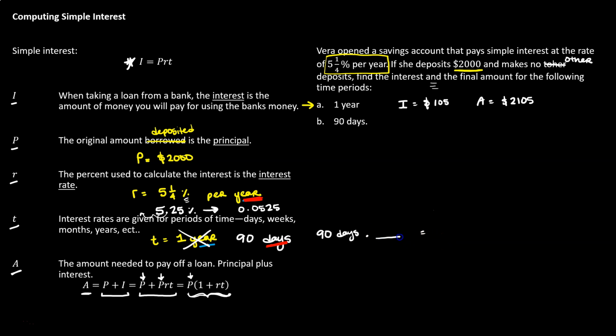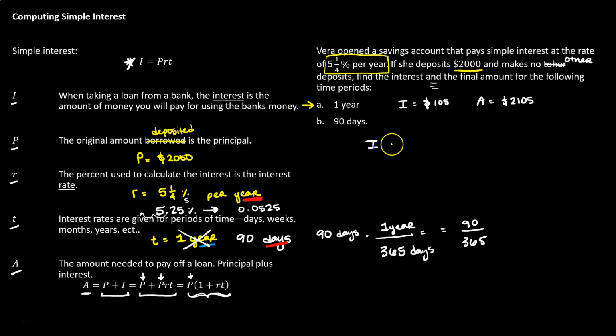If we're looking at days, we know 1 year has 365 days, so we're looking at the fraction 90 over 365. We can simplify that fraction if we want, but it's not super important. It's best to leave it as a fraction, though. Don't turn it into a decimal yet.